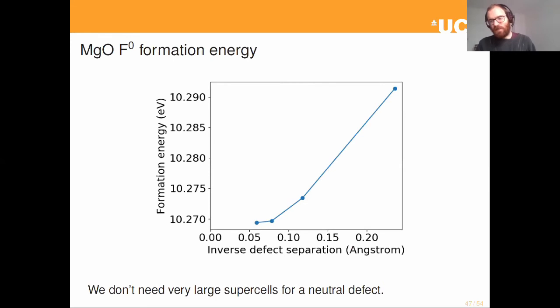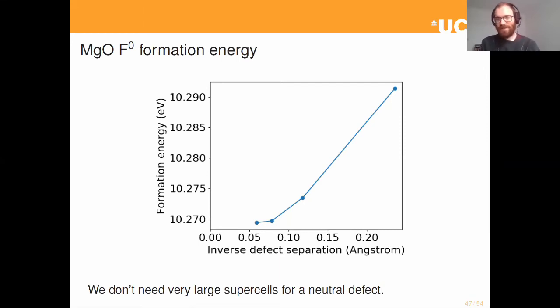But how much this supercell approximation affects the accuracy of things we calculate will really depend on the examples we consider. So for instance, if we were to consider what's called a neutral F center in magnesium oxide, we'd find that the errors that the supercell approximation introduces are quite small. An F center is a particular type of defect in magnesium oxide where an oxygen atom is missing. It's an oxygen vacancy defect.